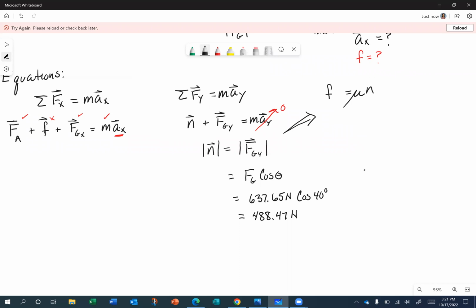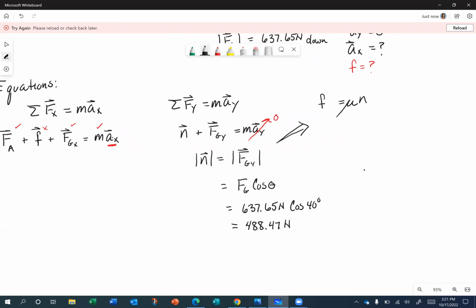We're going to use that to find the force of friction. So now I can say the force of friction is equal to mu, which is 0.47, times my normal force of 488.47 to give me the magnitude of the force of friction. And multiplying those two together, I get 229.58 newtons for my force of friction.